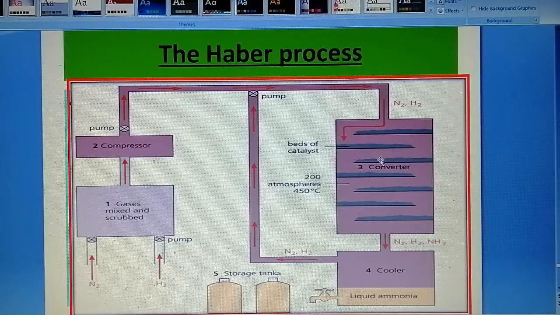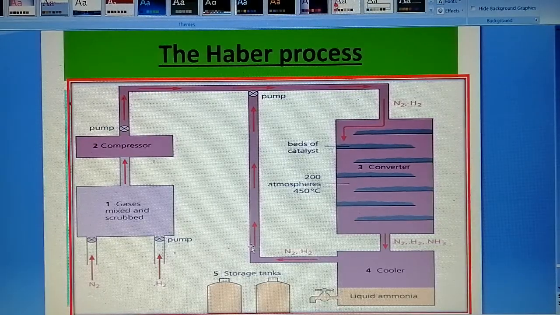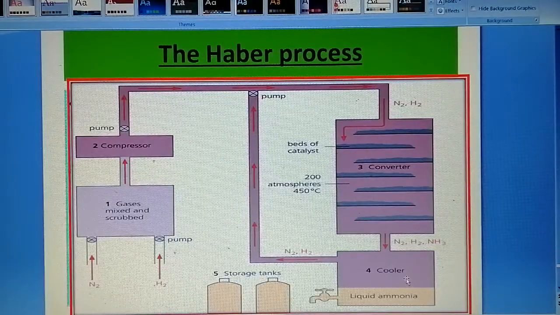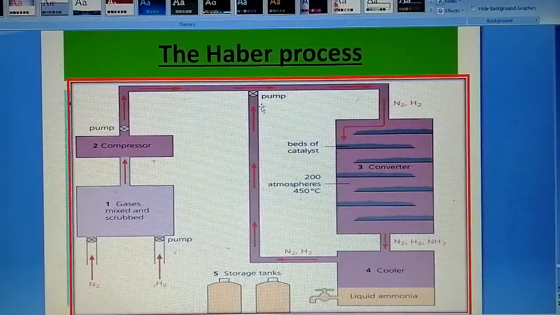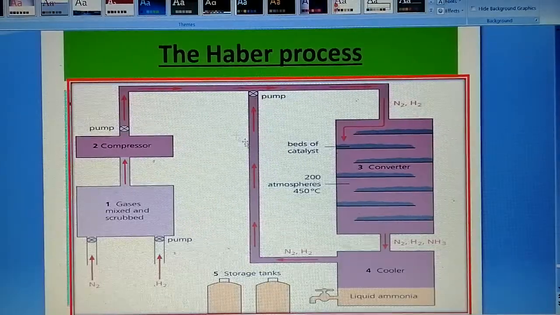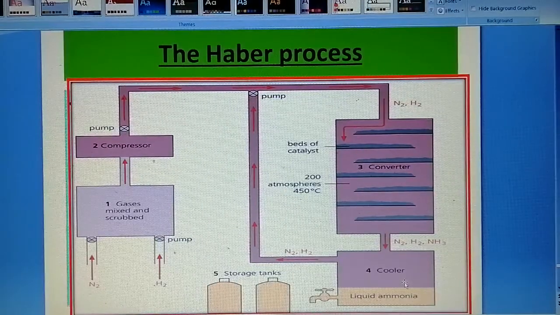Our catalyst is iron. Here the reaction happens, it is cooled, and you will get liquid ammonia. From the fourth cooler you can see arrows going up. That means the unreacted nitrogen and hydrogen are recycled so that they can react again. This helps to reduce the cost of the process.